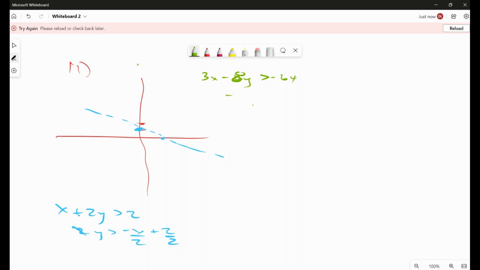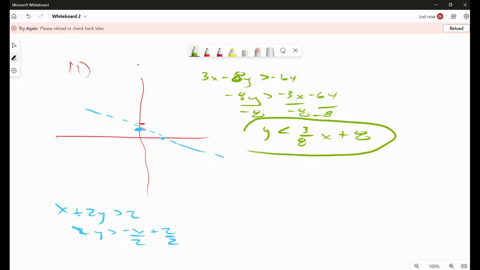So again, I'm going to solve for y, and so we end up with negative 3x minus 64. And then I'm going to divide everything by negative 8, and that's going to flip this sign, so I get y is less than 3 over 8x plus 8. And that is my other equation.